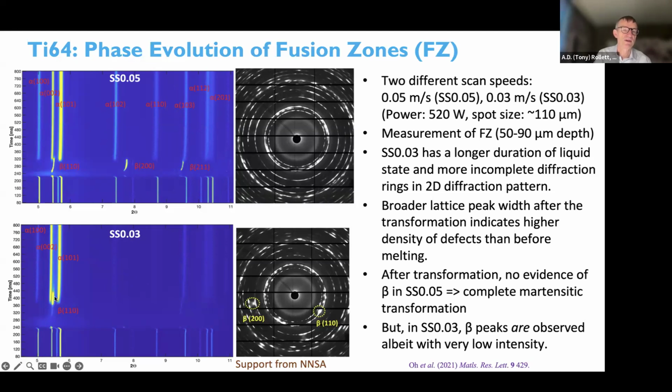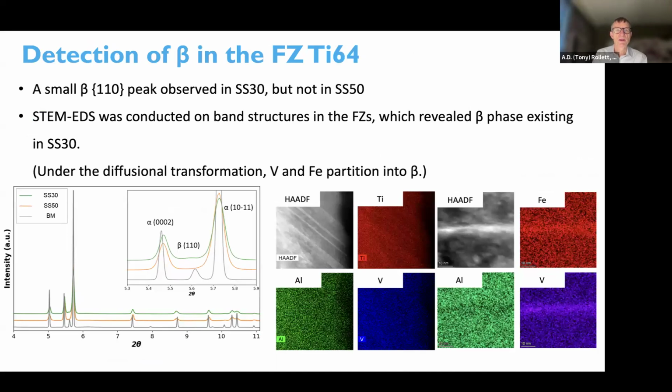You see the beta, and then there's distinct overlap between the alpha and the beta. The resulting microstructure, while it looks martensitic, is not fully martensitic. One of the advantages is that you can detect the beta to much smaller volume fractions.